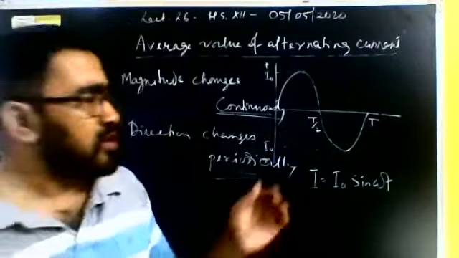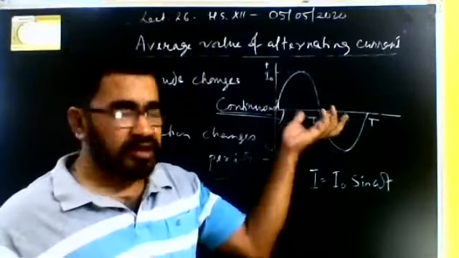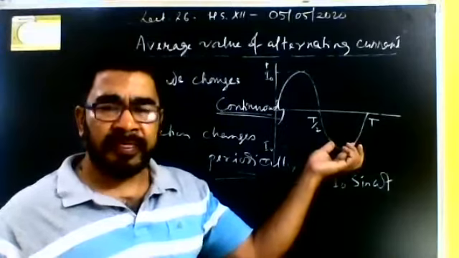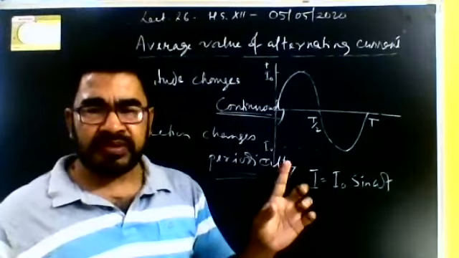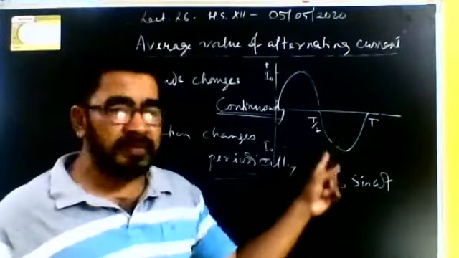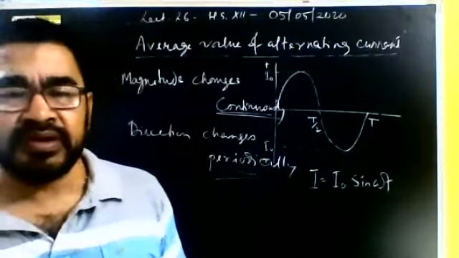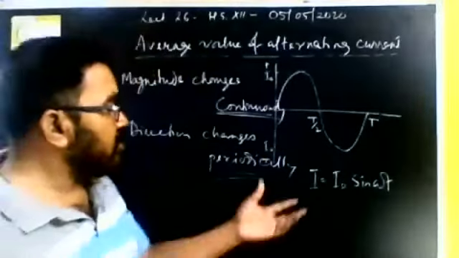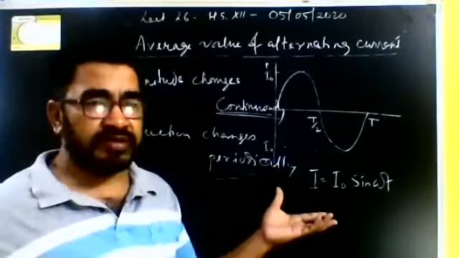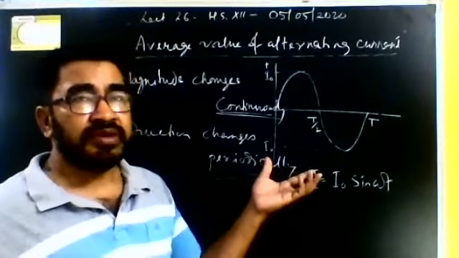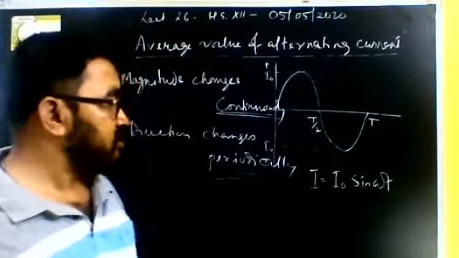The upper half has the positive sign and the lower half has the negative sign. So the net average value for a complete cycle is 0. This is important. So how does it become 0? We can find out the average value. So this is the topic of discussion.